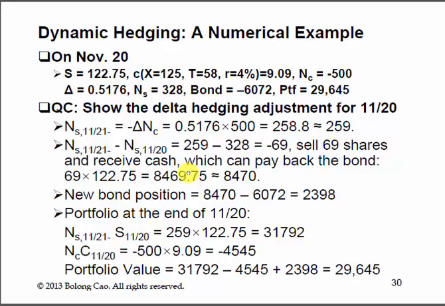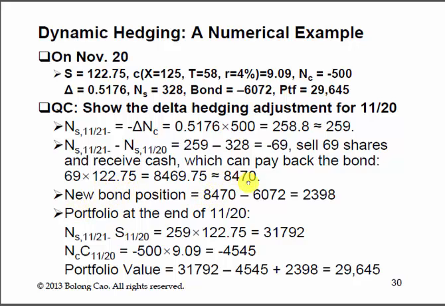When you're selling the shares, you change the asset from shares into cash or T-bill. That brings in roughly $8,470, which is 69 times the current share price.